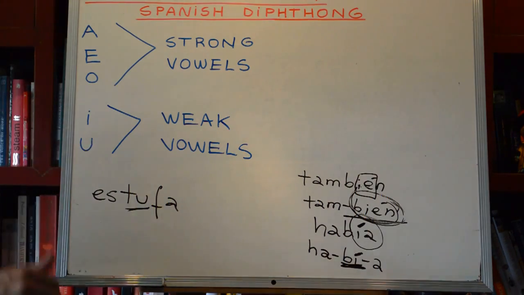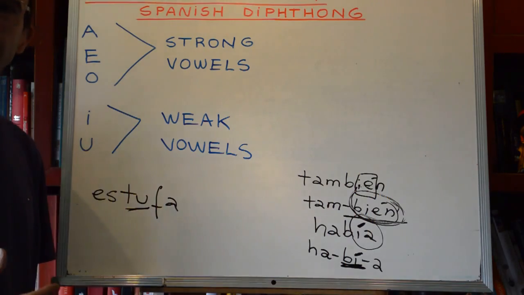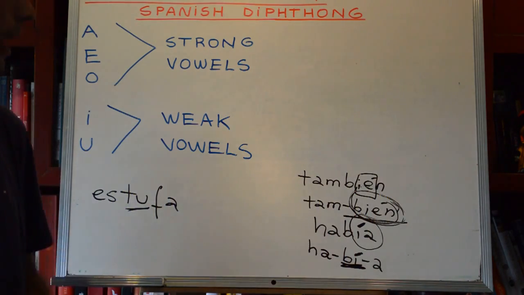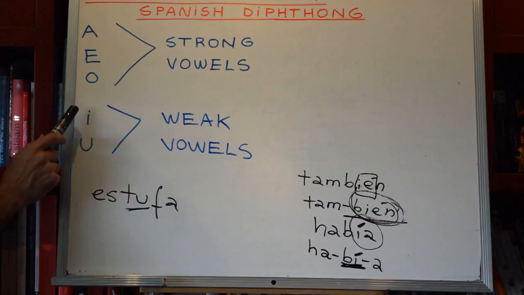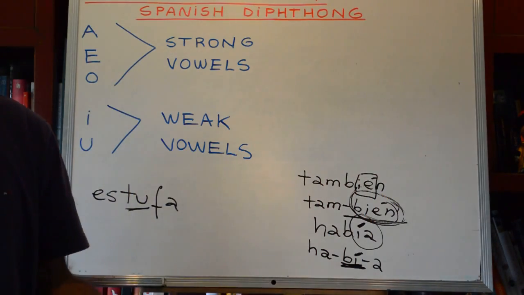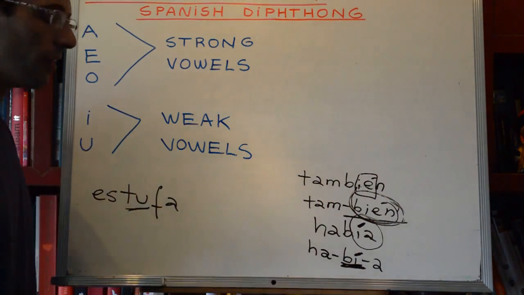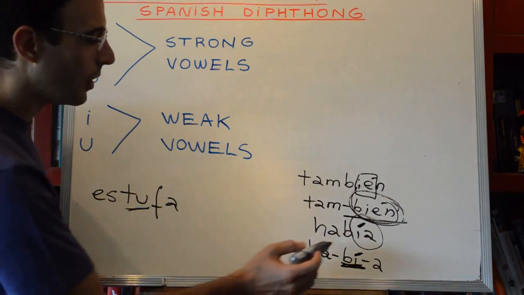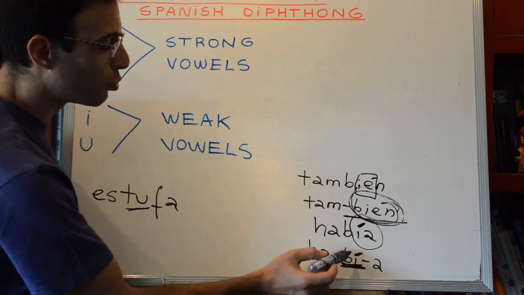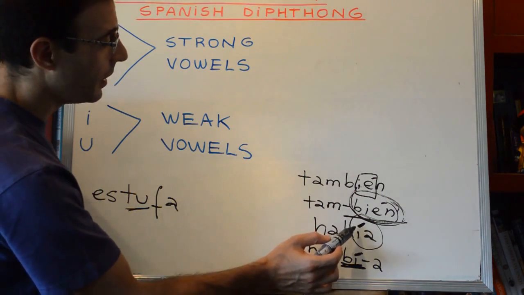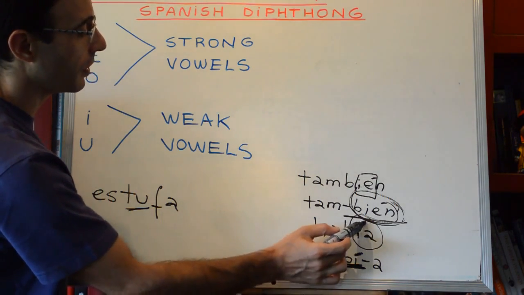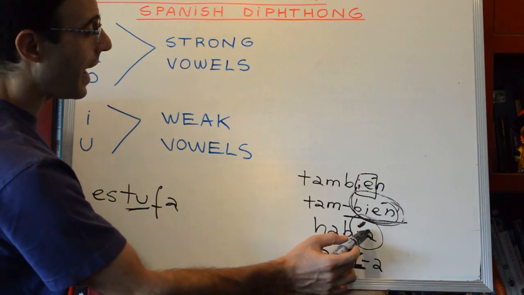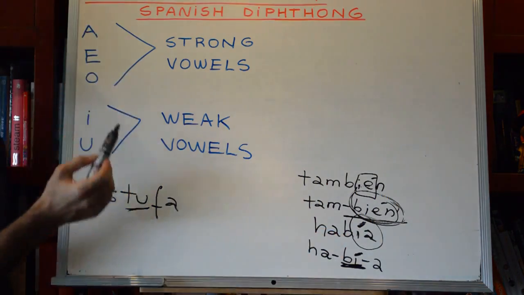Había, the accent is on the letter I, on the vowel I. So because of that, it's as if it becomes a strong vowel. Therefore, había. Therefore, we have 2 strong vowels: I that became strong because of the accent, and A because it is a strong vowel.